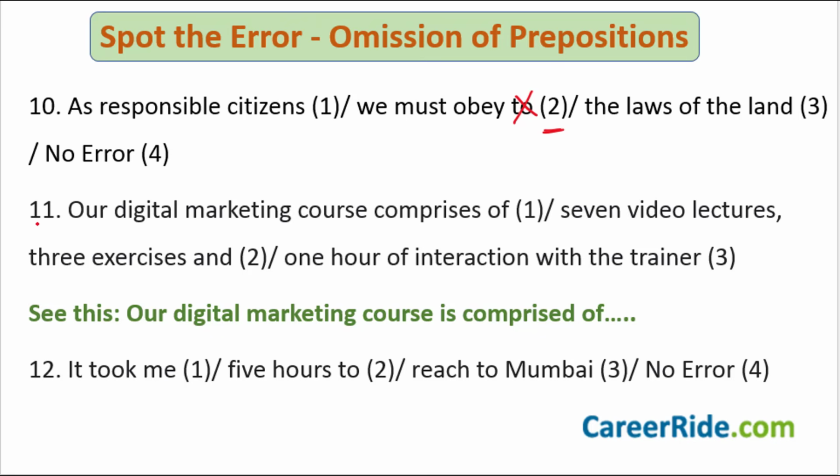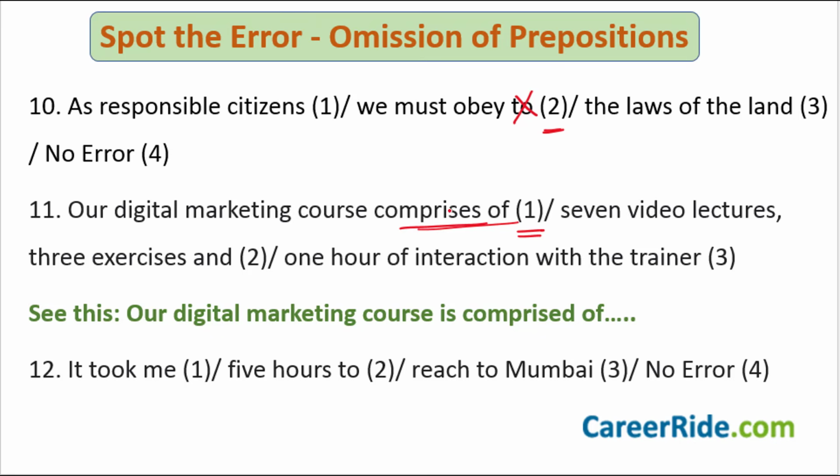Let's read the 11th sentence. Our digital marketing course comprises of 7 video lectures, 3 exercises and 1 hour of interaction with the trainer. Fantastic. Let's read this sentence again. Our digital marketing course comprises of 7 video lectures, 3 exercises and 1 hour of interaction with the trainer. So where does the error lie? The error actually lies in the first part of the sentence. What's the error? The error is this "comprises of."